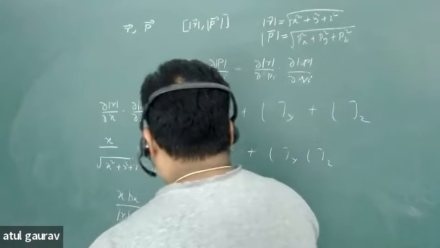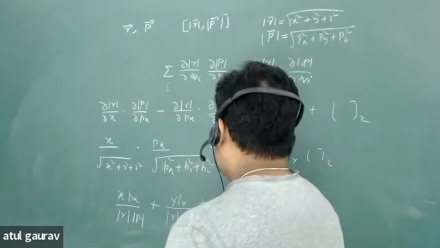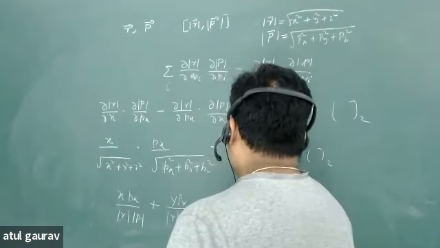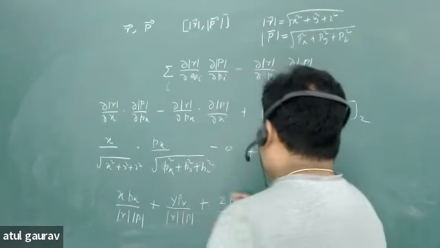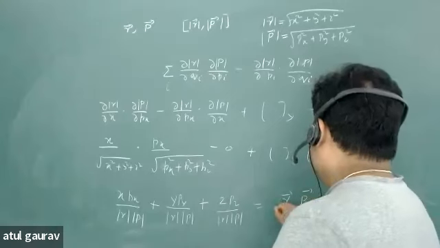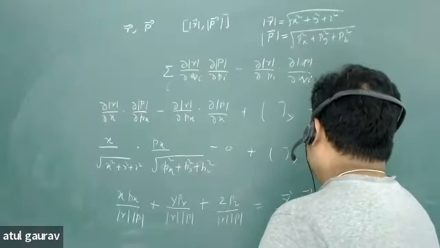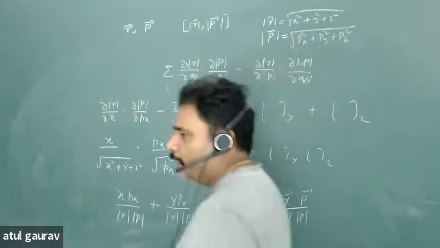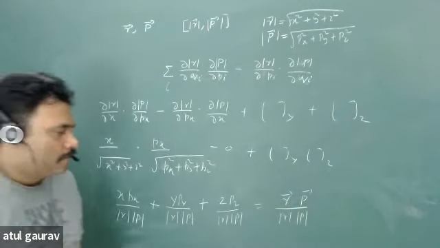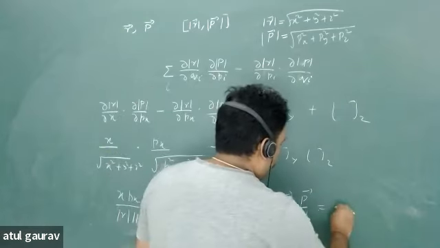Next, z pz upon mod r mod p. And what is this particular thing? Can I write this thing as r dot p by mod r mod p? लिख सकते क्या? Yes, sir.